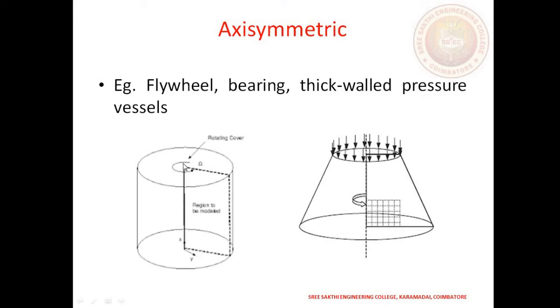You can see this is the axis of rotation, here it is the axis X. Here I draw the 2D part, and in order to make the rotation we get the axisymmetric body. Here it is a pressure vessel, that is a closed pressure vessel. Here is the axis. I only draw this particular part. You can see I draw only this 2D element and it will be revolved in order to get the axisymmetric solid.